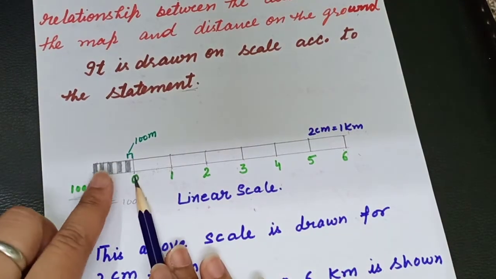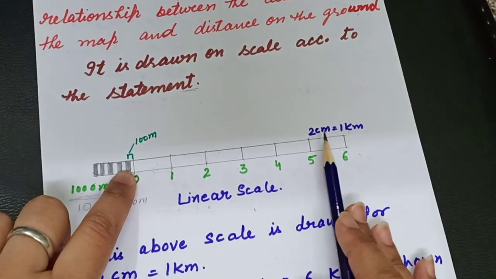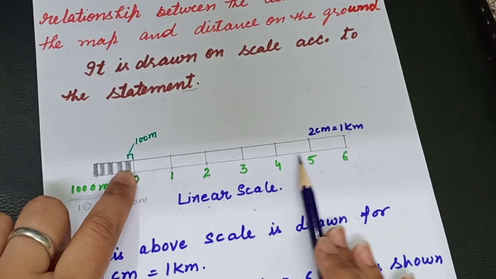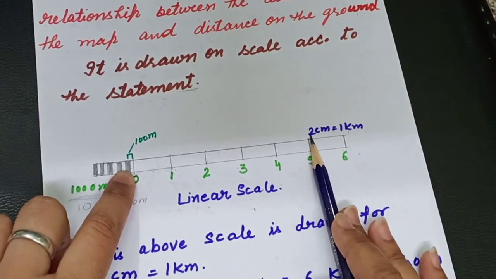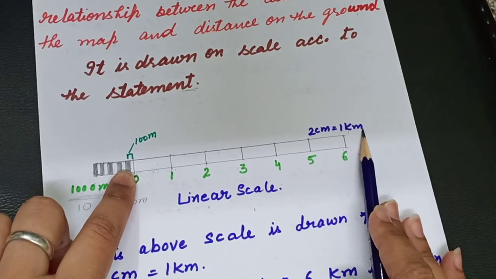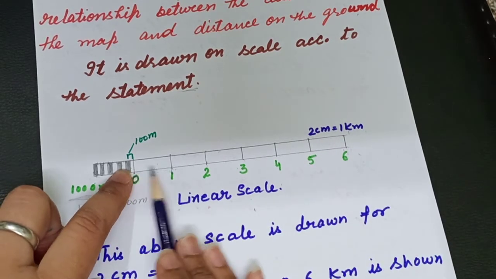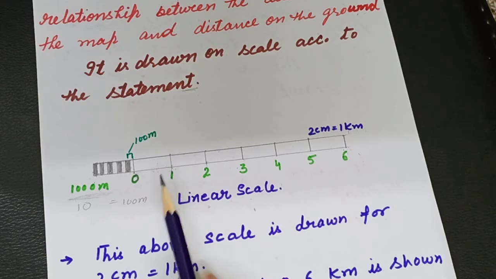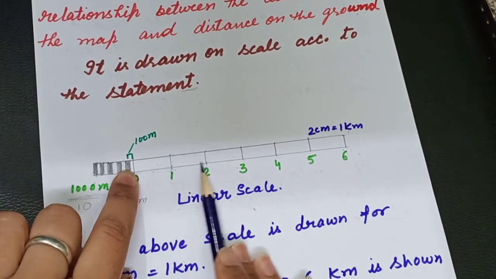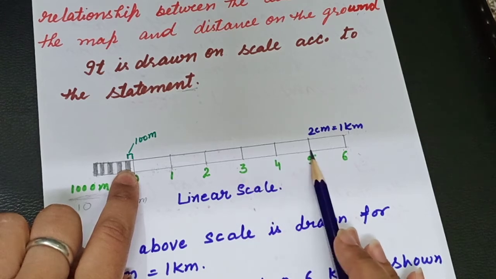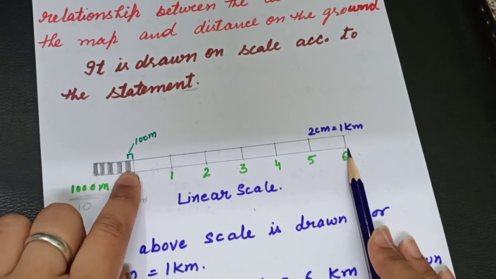Like we have taken 0, 1, 2, 3, 4, 5, 6 on the right hand side of 0, as we have given 2 centimeter is equals to 1 kilometer. So this one compartment is of 2 centimeters, which is showing 1 kilometer. 0 to 1 is 1 kilometer, 2 kilometer, 3, 4, 5, 6. So 0 to 6 is 6 kilometers.